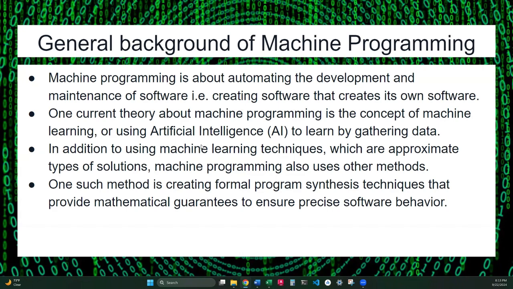In addition to using machine learning techniques, which are approximate types of solutions, machine programming also uses other methods. One such method is creating formal program synthesis techniques that provide mathematical guarantees to ensure precise software behavior.